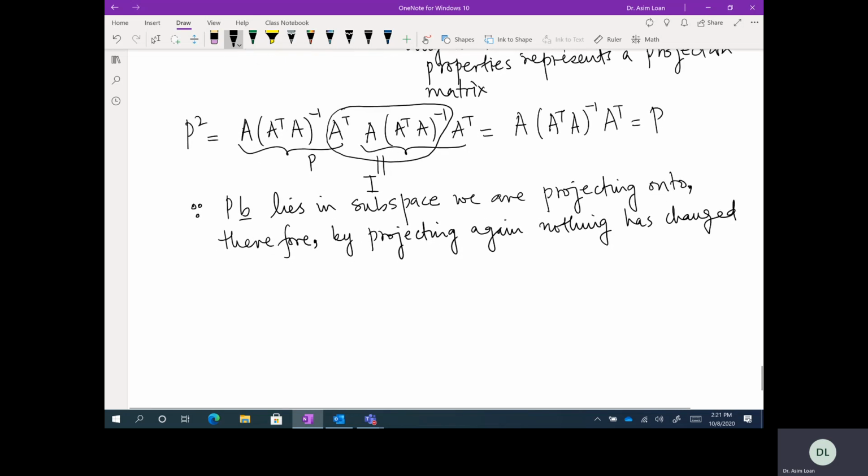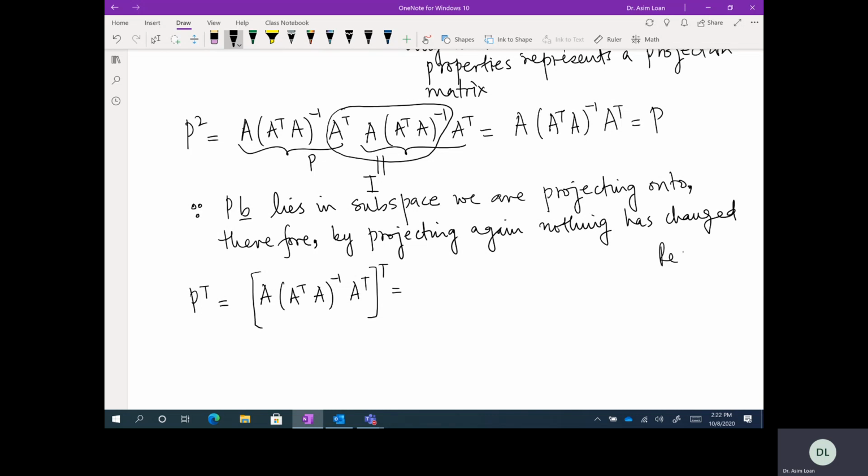Okay. And also P transpose equals (A (A transpose A) whole inverse A transpose) transpose, where the order reverses.